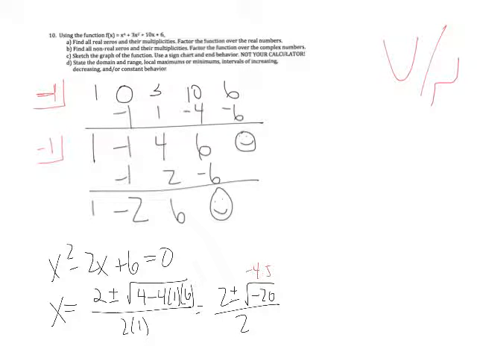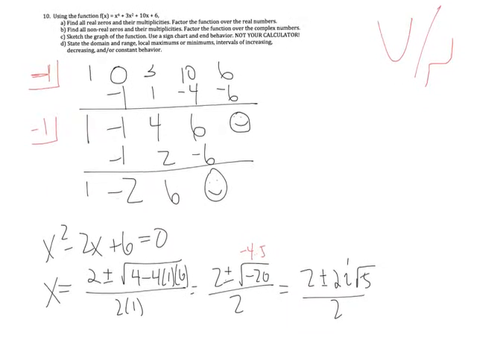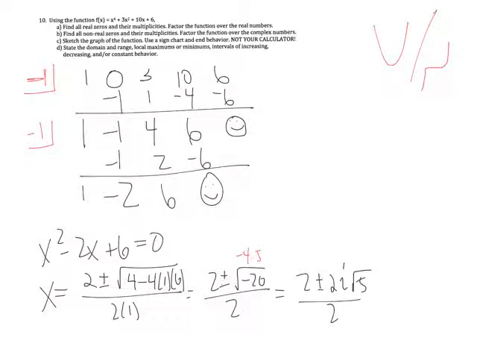You can take the square root of -4, so you get 2 plus or minus 2i radical 5, all over 2. Each one has a factor of 2, so those all reduce. And so you get two non-real solutions: 1 plus i radical 5 and 1 minus i radical 5.